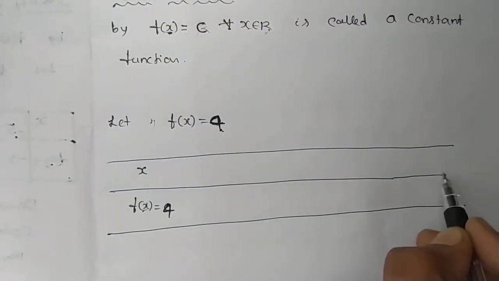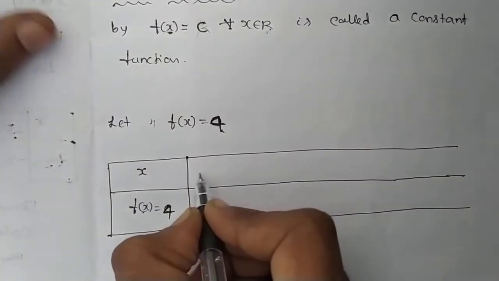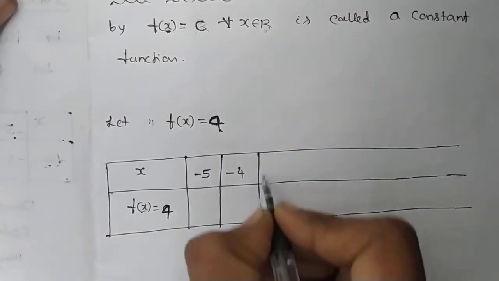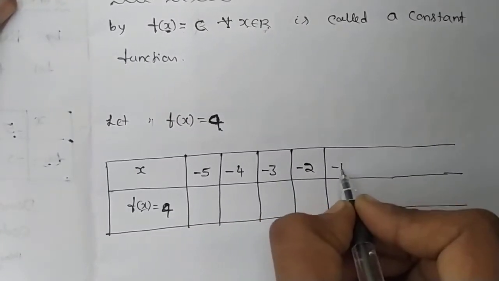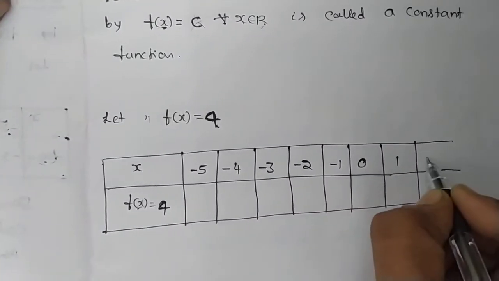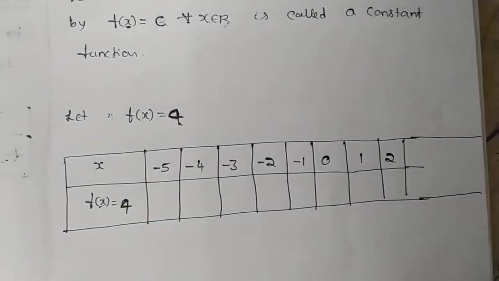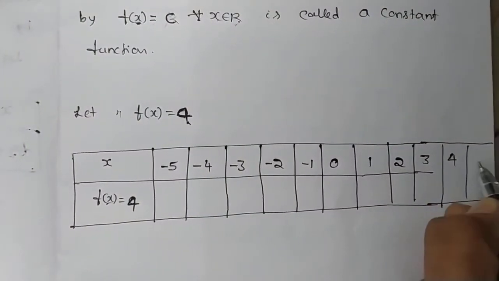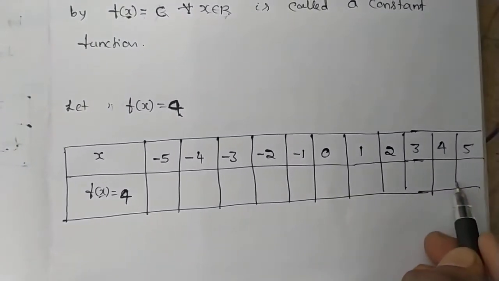To draw a graph, let us take the values from minus 5, minus 4, minus 3, minus 2, minus 1, 0, 1, 2, 3, 4 and 5.